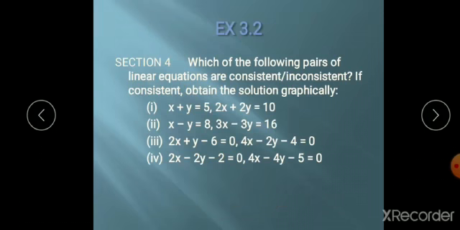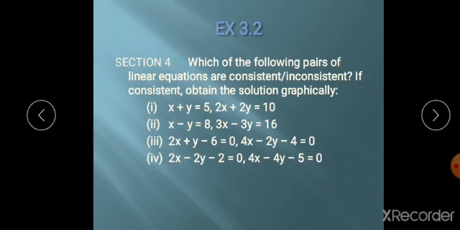Okay. Let us see exercise 3.2. It is very important for 2 mark and 3 mark questions. Which of the following pairs of linear equations are consistent or inconsistent? If consistent, obtain the solution graphically. If it is consistent, you have to check whether it is consistent or inconsistent. What are the conditions for consistent? A1 by A2 is not equal to B1 by B2, means it is intersecting.